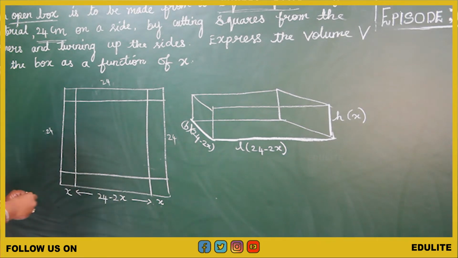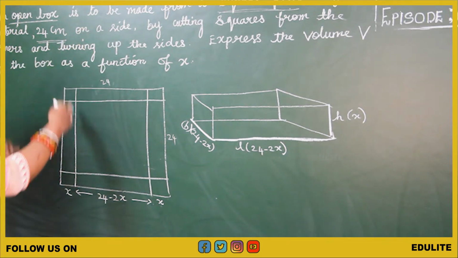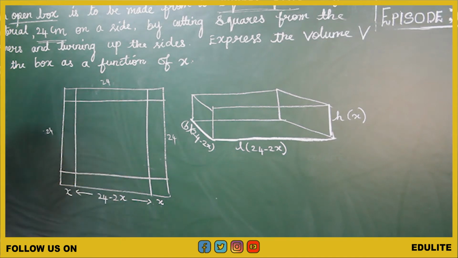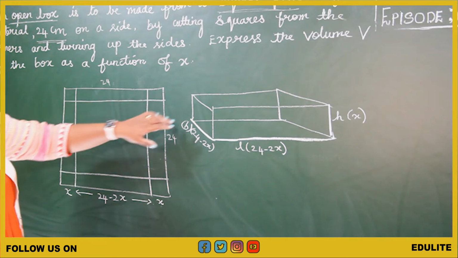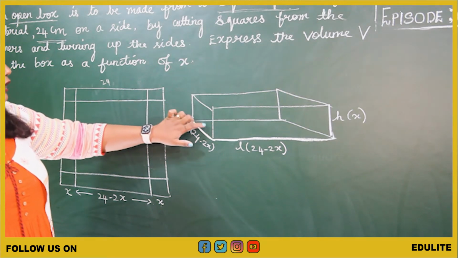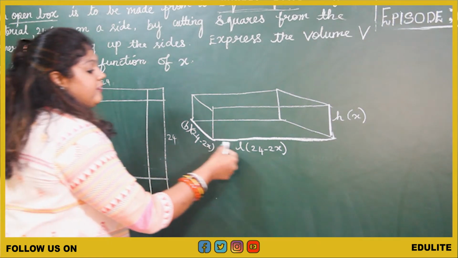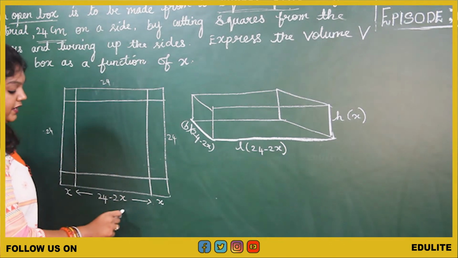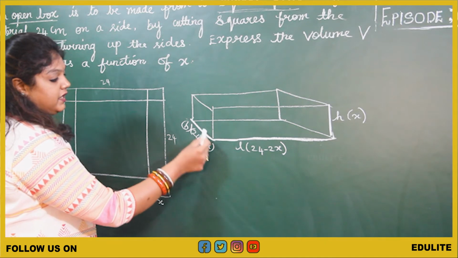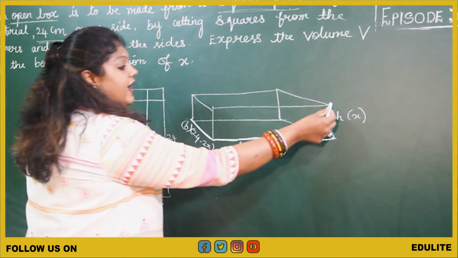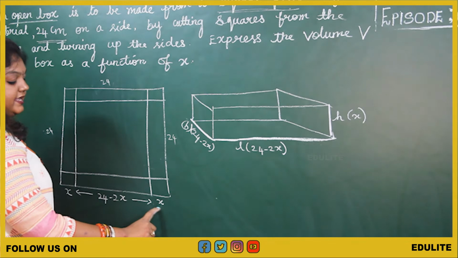According to the question, after cutting the corners, we have to turn up the sides. If we turn up the sides, this will become a cuboid. The length of the cuboid will be 24 minus 2x, the breadth of the cuboid will also be 24 minus 2x, and the height of the cuboid is x.